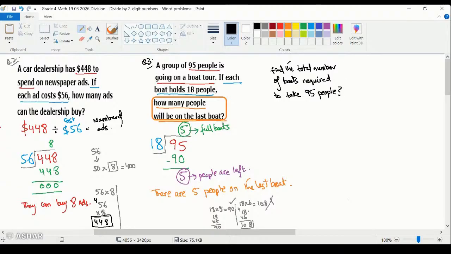Okay, the same question, we are doing a continuation. What they are saying is we need to find the total number of boats. Semi and Carrie, how many boats would be required?